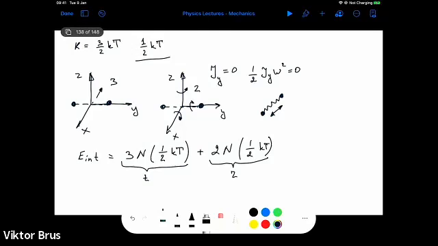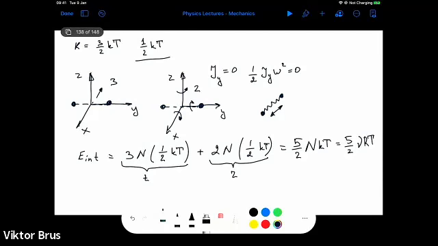So now we look at what we finally get. It will be 5/2 times the total number of molecules times kT. Or we can represent it in the form of the universal gas constant, which will be 5/2 nu R T, where nu is the number of moles of substance and R is the universal gas constant.